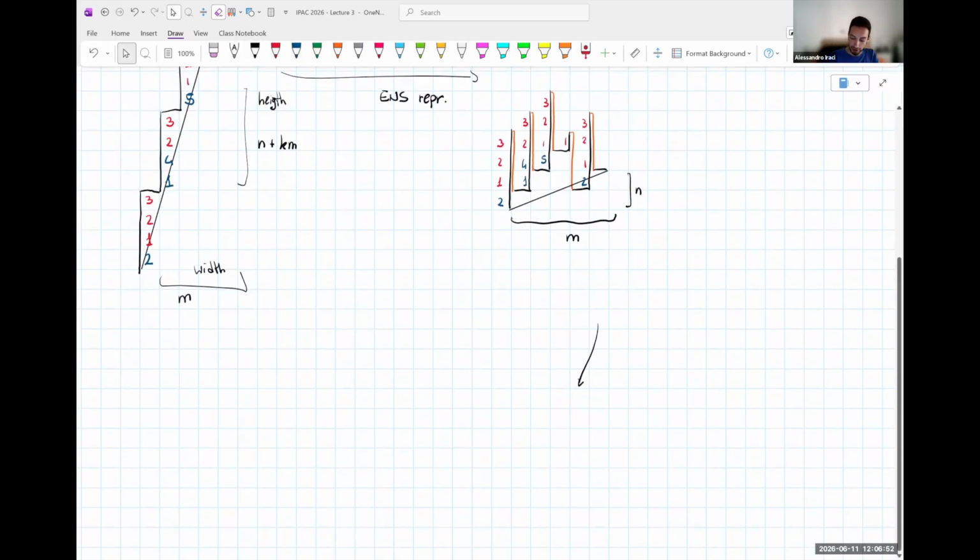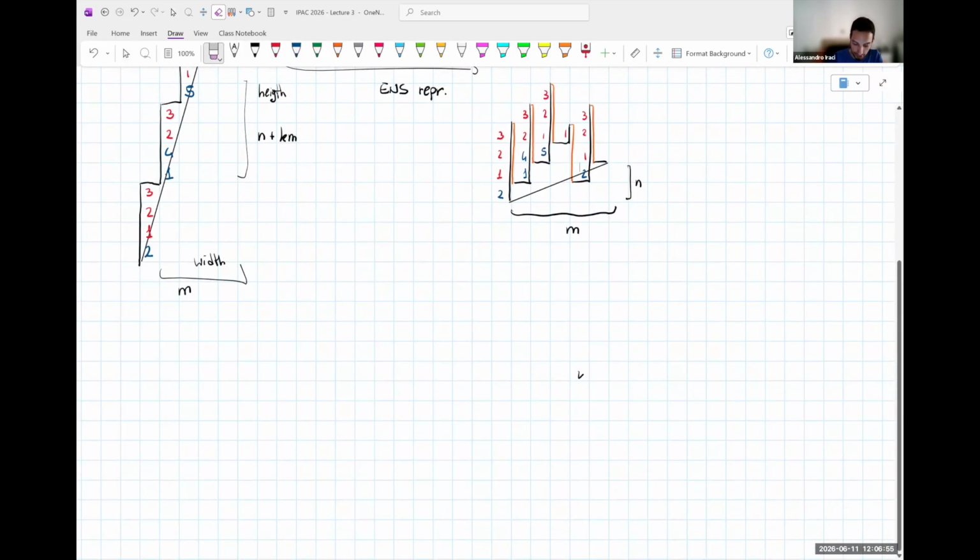So what our map does at this level is to delete the red steps and the matching orange south steps.